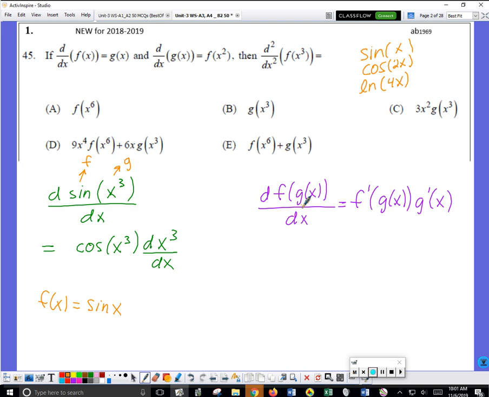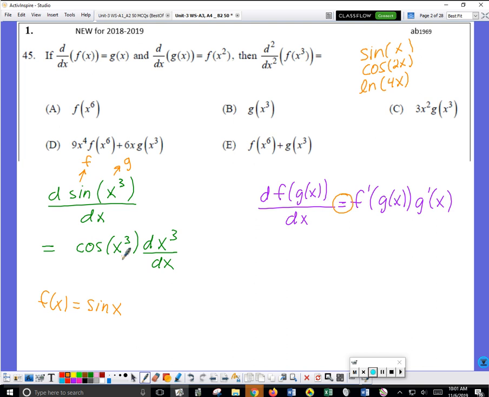So my f function is sine, and g is just x cubed. That matches up with this. Notice, equal means these are the same. All we did was take the derivative of f. Since f was the sine function, the derivative of sine is cosine. You plug into that derivative the g function.